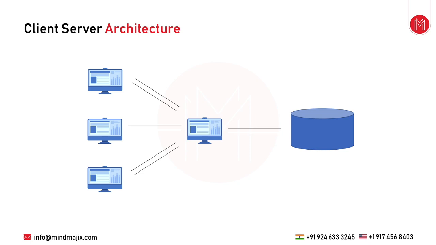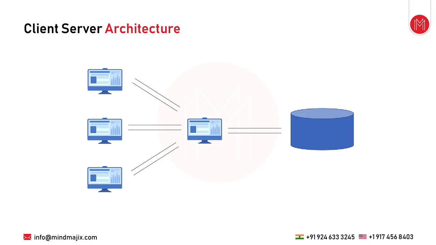Suppose there are three users who are accessing the IRCTC website. Now these three computers are the user computers where they have requested to know the timings of a particular train. When the request is generated by the end user computers, the network computer processes that request and fetches the information from the database and provides it to the end user.